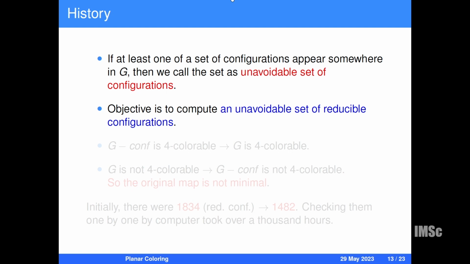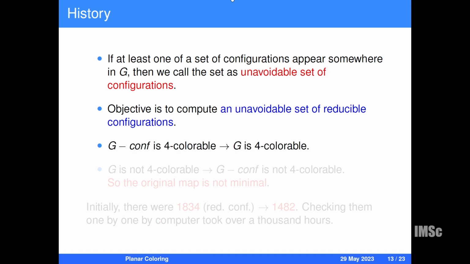So that is my unavoidable set of configurations. There is a configuration which is available as a subgraph in the graph. So now the objective for them is to compute an unavoidable set of reducible configurations. They want to combine both unavoidability and reducibility, and they say that if I compute an unavoidable set of reducible configurations, I am done.